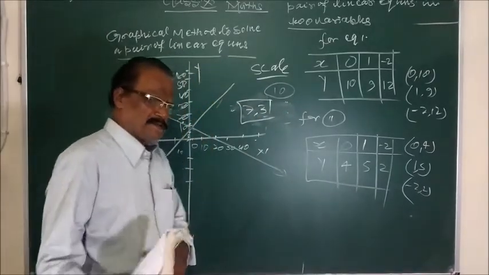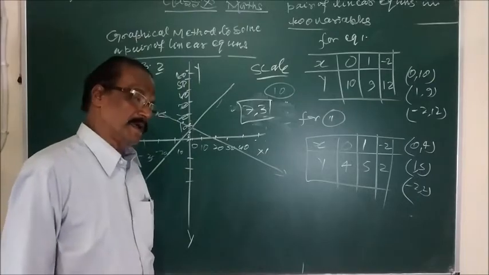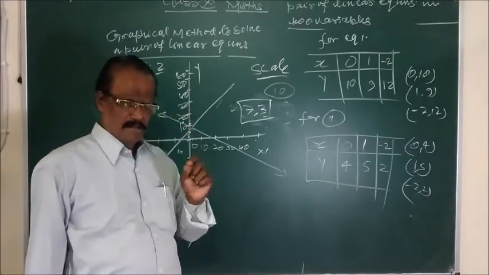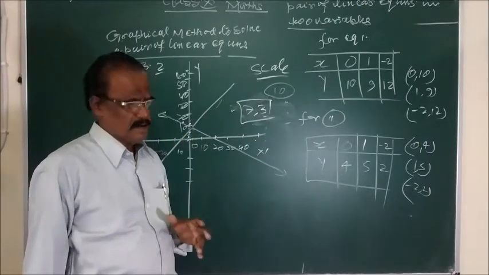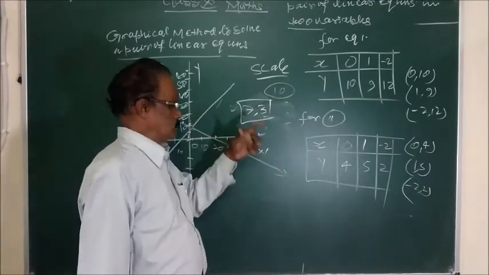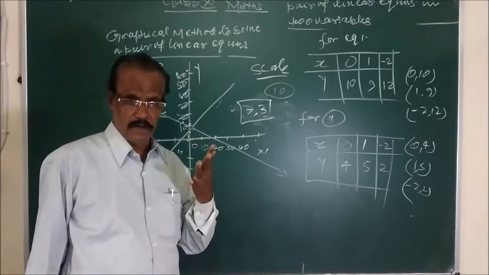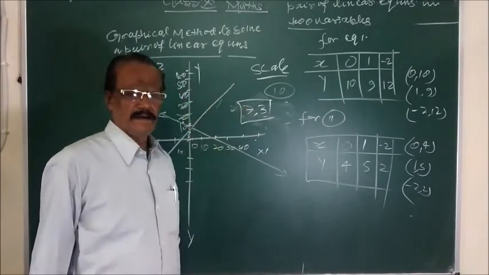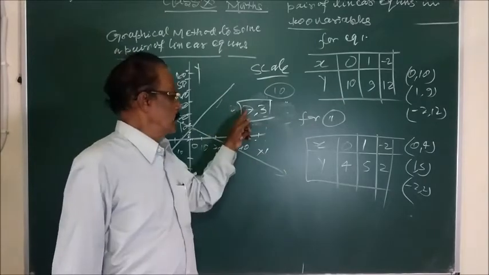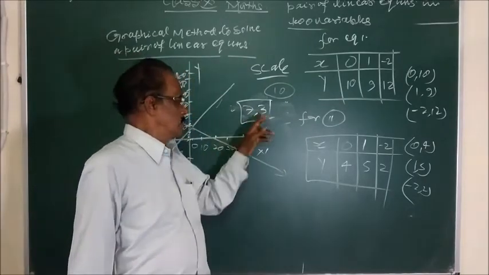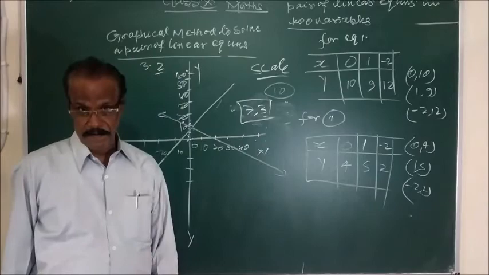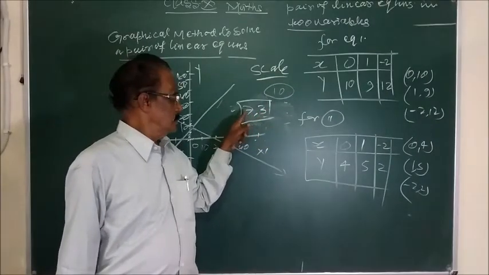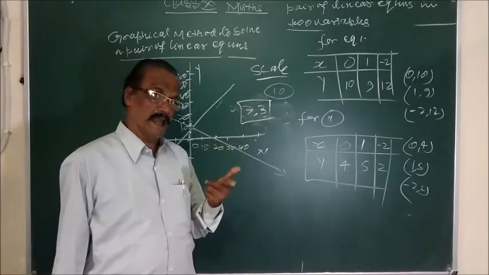If you ask me, sir, how did you get the answer 7 and 3? I have solved it, but you haven't yet learned how to solve by substitution or elimination. But if you think, it is a very simple question: the number of boys will be 3 and the number of girls will be 7, because both conditions are satisfied. Number of students 7 plus 3 is 10.